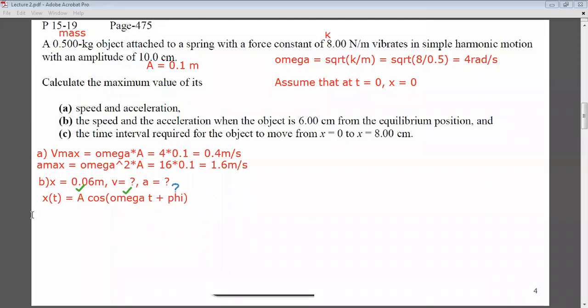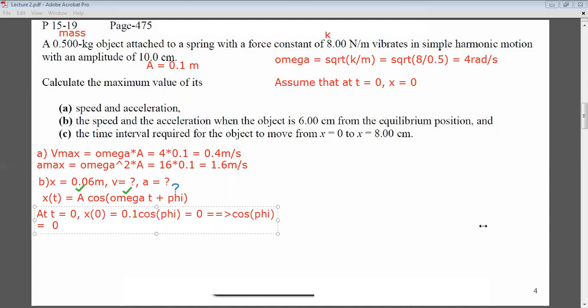So at t equals 0, x of 0 is equal to A, which is 0.1, cosine of omega, which is 4, times 0, so that's 0, plus phi. And this is equal to 0. Okay, so we have 0.1 cosine phi equal to 0, which means cosine phi is equal to 0.